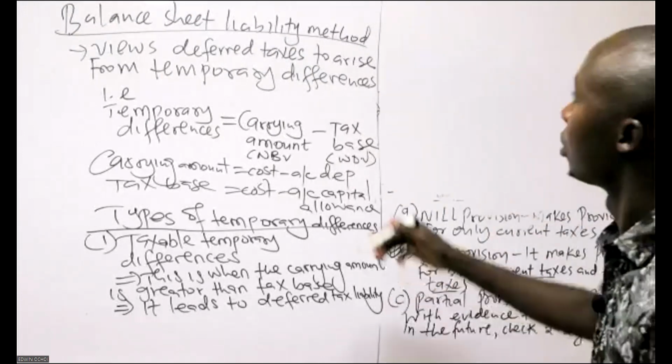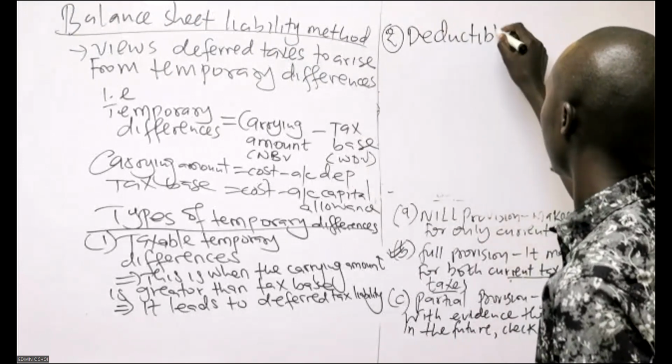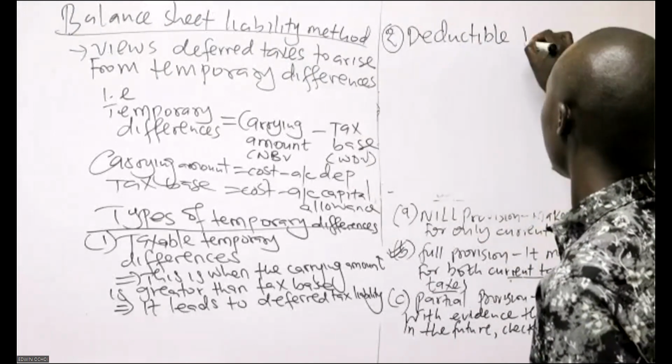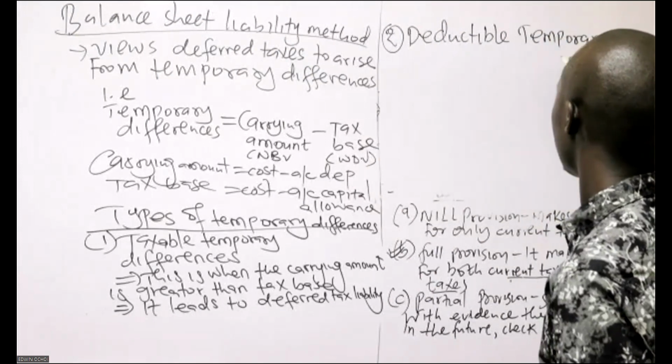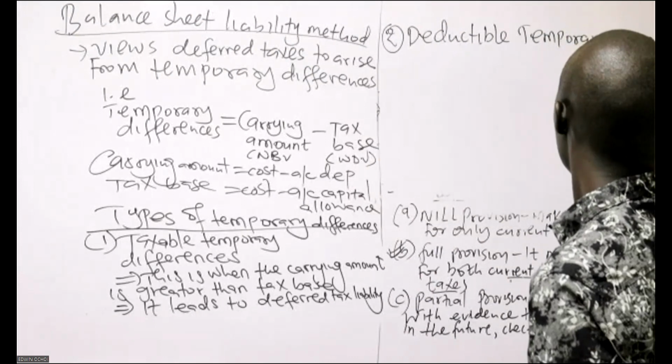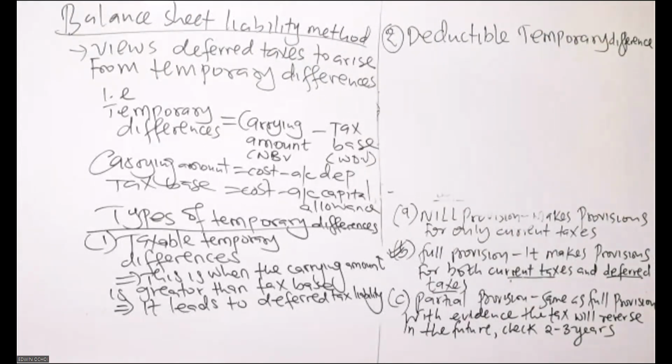So number 2 is what we call the deductible temporary difference.